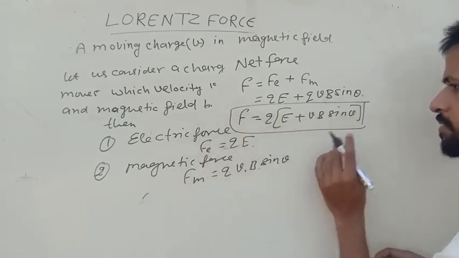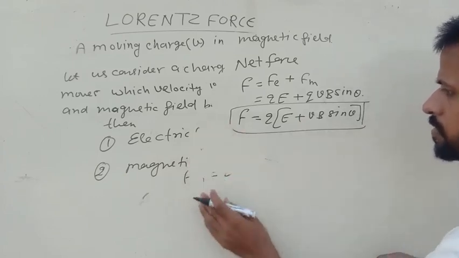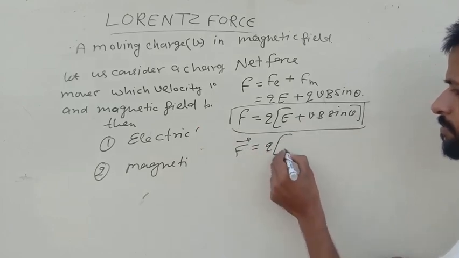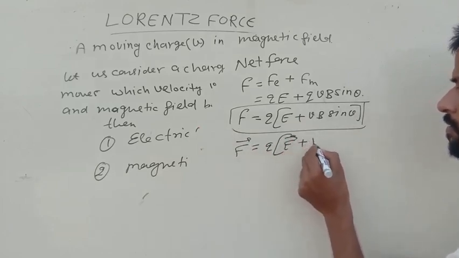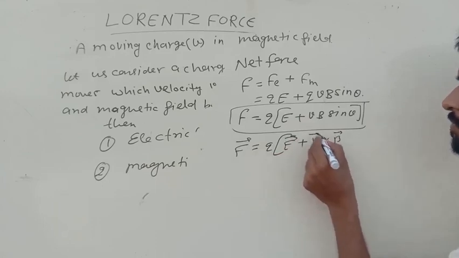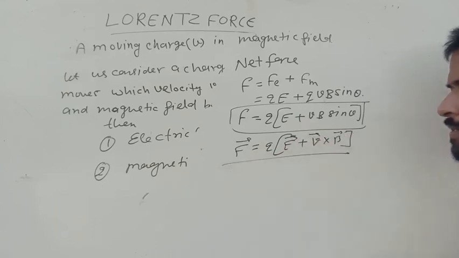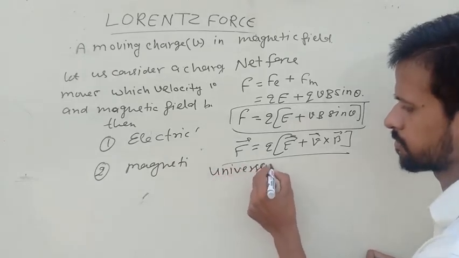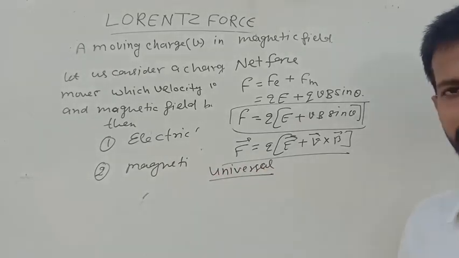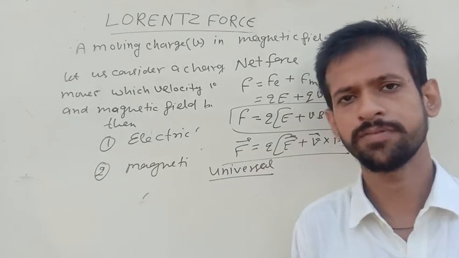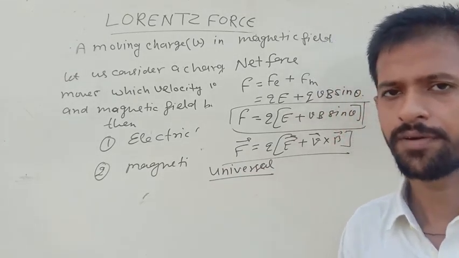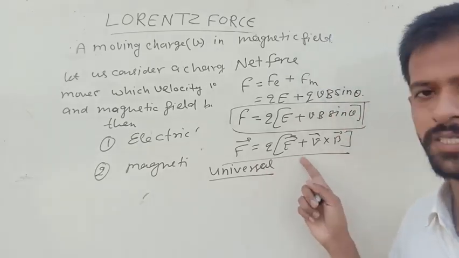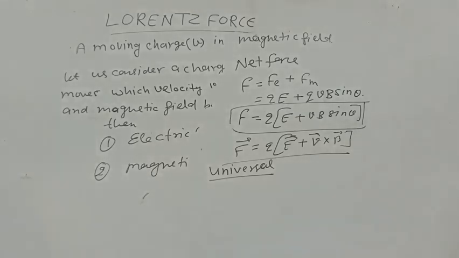This force is known as the Lorentz force, or it can be written in vector form as q times E plus v cross B. This force is universal, and it is applicable whether the charge is at rest or whatever the velocity. For all velocities and for all conditions, this force is applicable. So we call it the universal force.